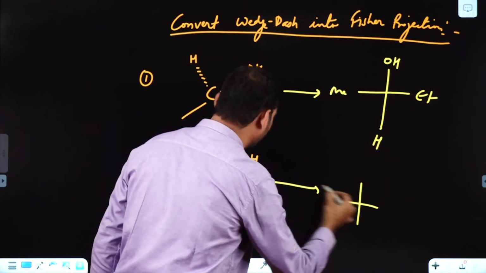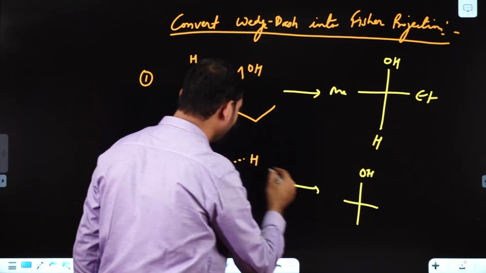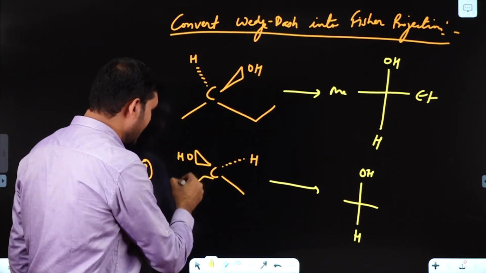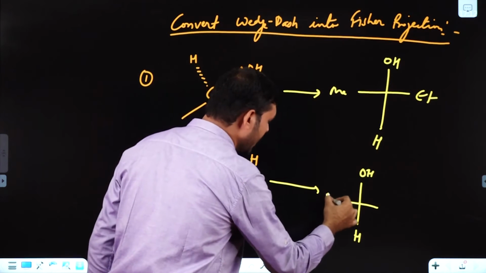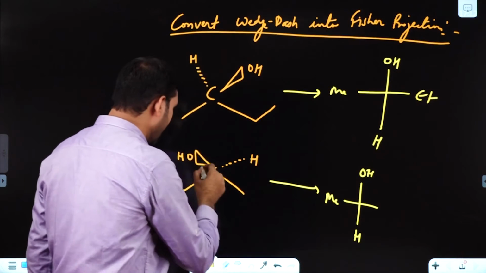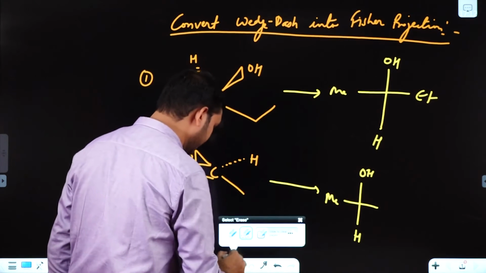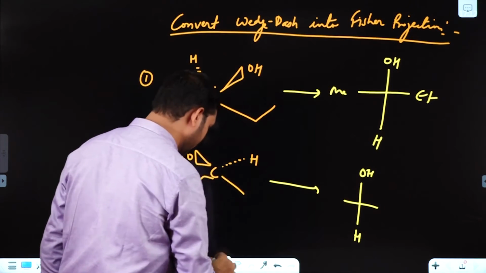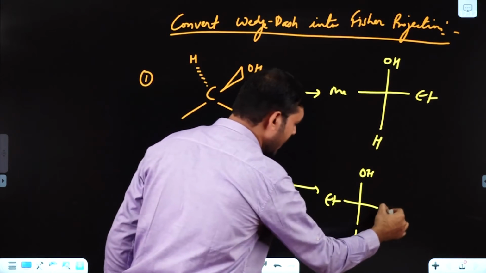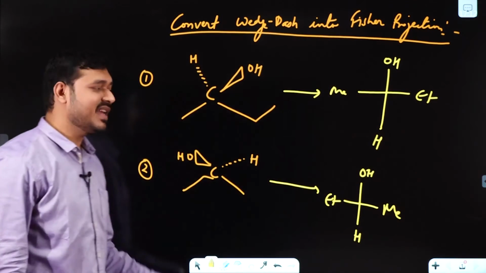Wedge at the top, dash at the bottom. Now with respect to wedge, anti-clockwise is ethyl here, and clockwise is methyl. Okay, clear?